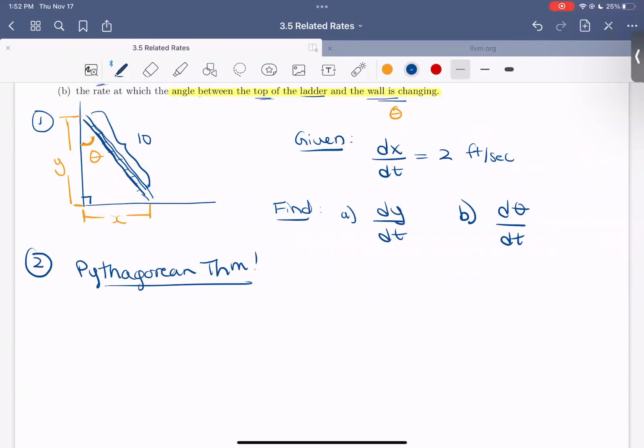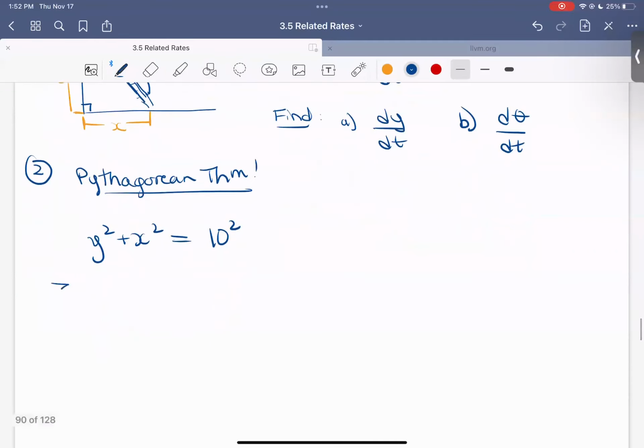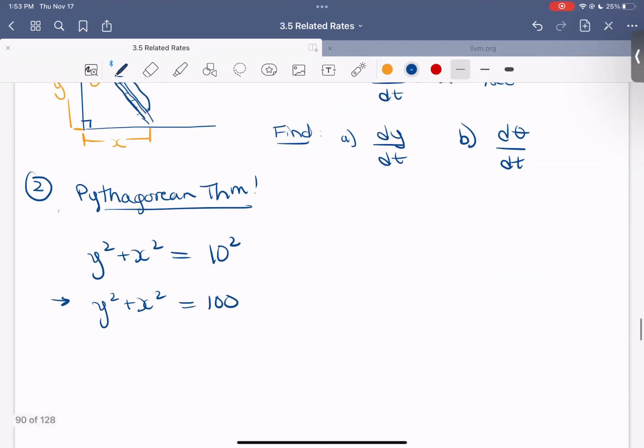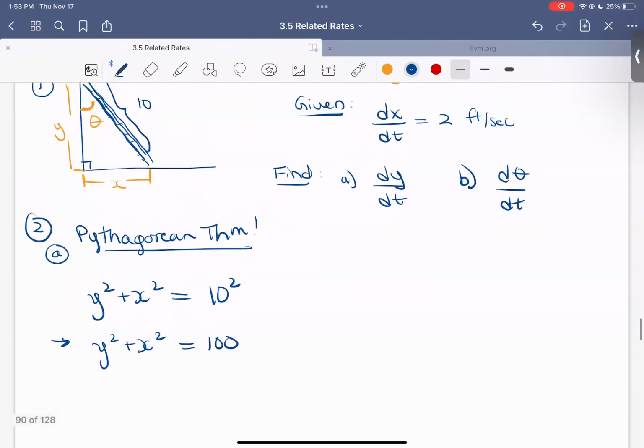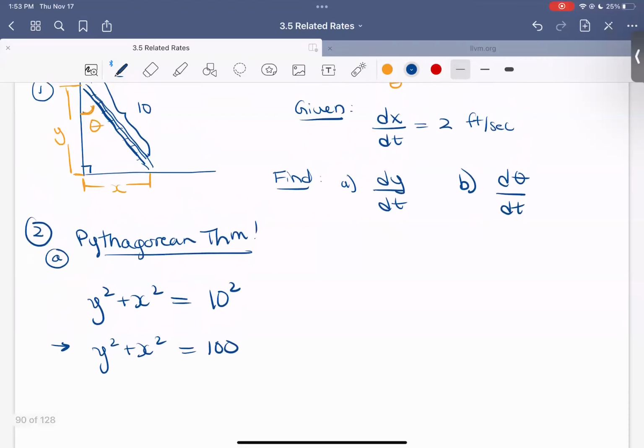That says y squared plus x squared equals 10 squared, which means y squared plus x squared equals 100. Just recall, this is using the variables x and y, not theta yet. So we're going to have to think about that in the next part, after working out what we have here.